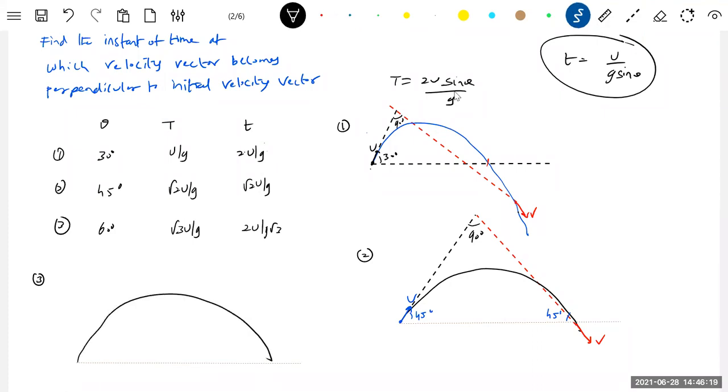What is the condition for that particular formula, that has to be analyzed here. Somewhere here, before the point of striking, you see this velocity vector will become perpendicular to the initial velocity of projection. This angle is 60 degrees.